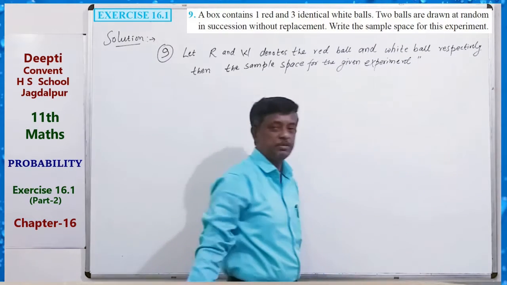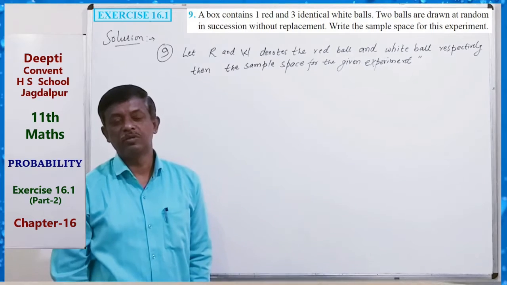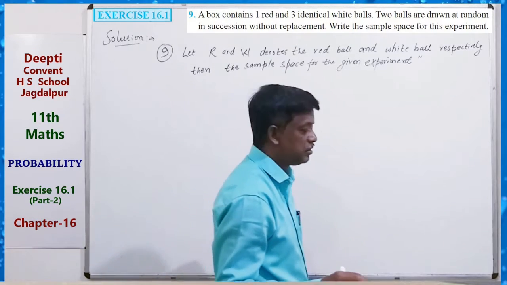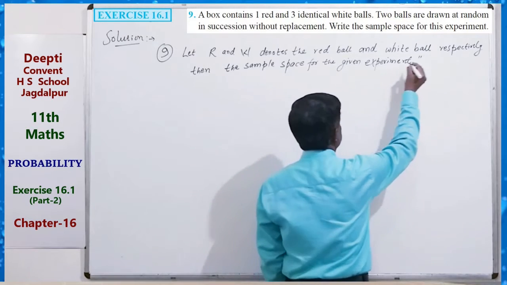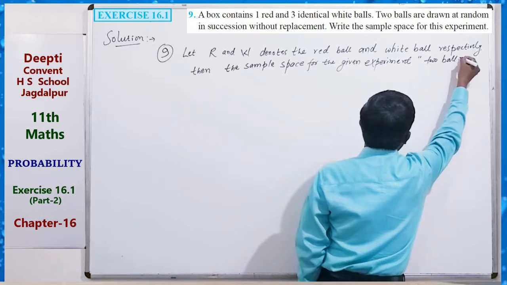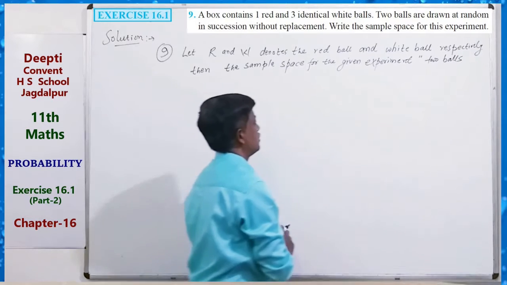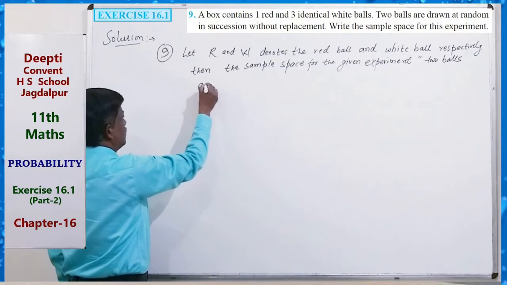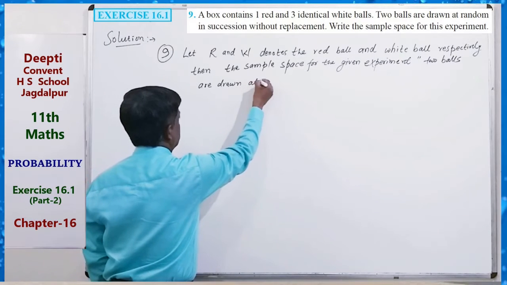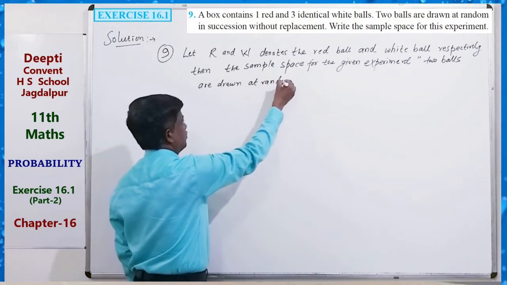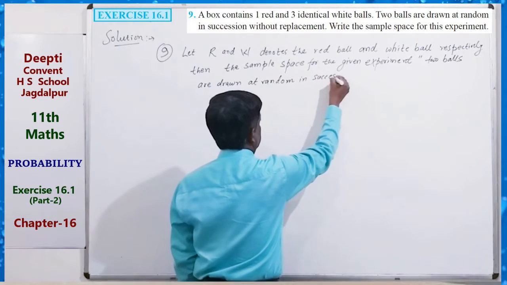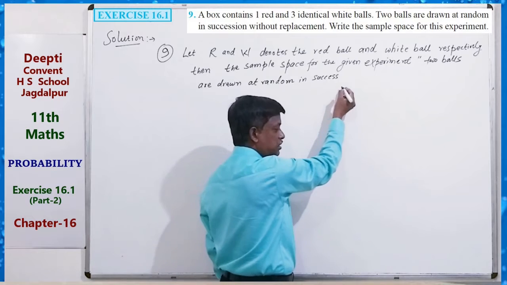What is the given experiment? Selecting 2 balls at random in succession without replacement. In succession means what?